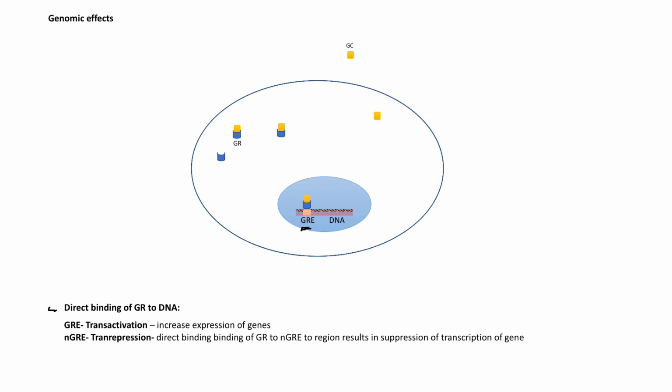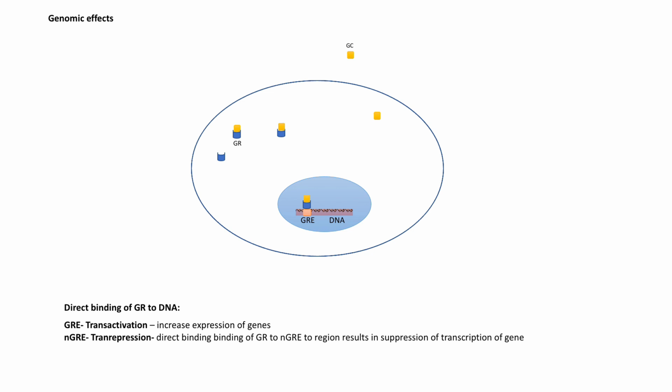Expression of which genes is increased by this way that are genes that contribute to metabolic effects of glucocorticoids, like genes related to gluconeogenesis and genes that contribute to anti-inflammatory effects of glucocorticoids like IL-10 and lipocortin 1.